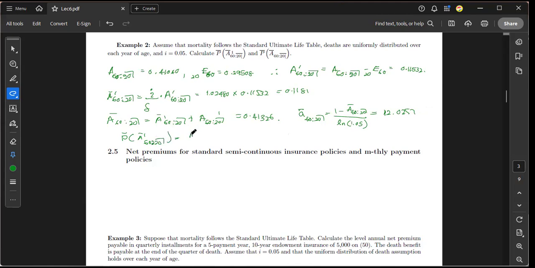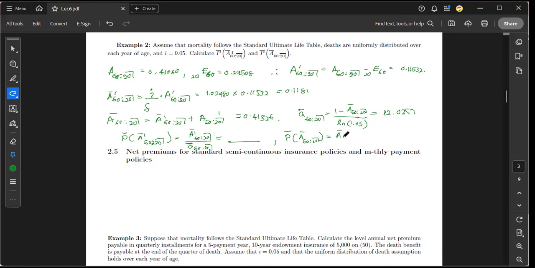Since you have all these things, to calculate the continuous premium for the term life with continuous benefit and continuous premium, you will divide the continuous term life benefit present value by the temporary life annuity, which is continuous, now for 20 years. So you will get an answer here. And for this one, it's continuous again, but now an endowment present value.